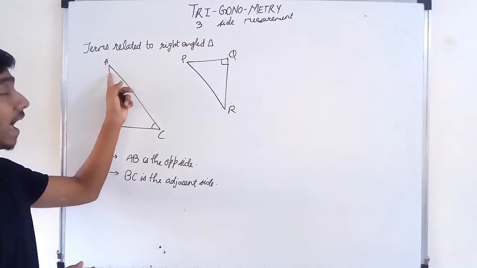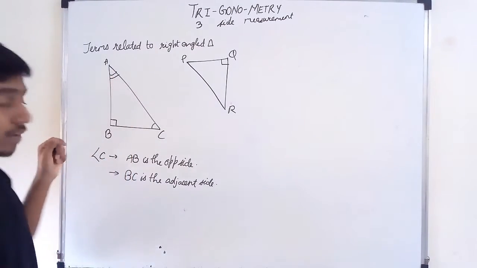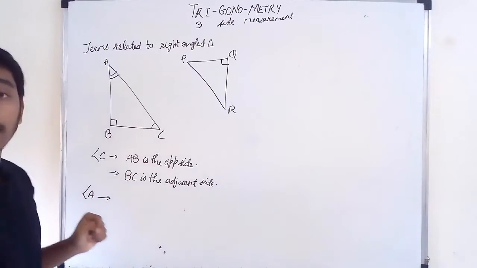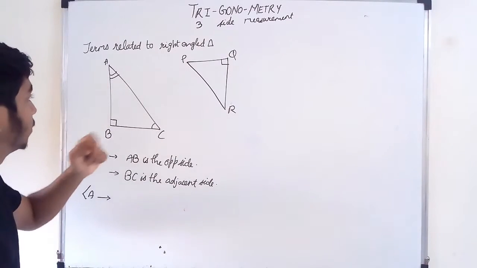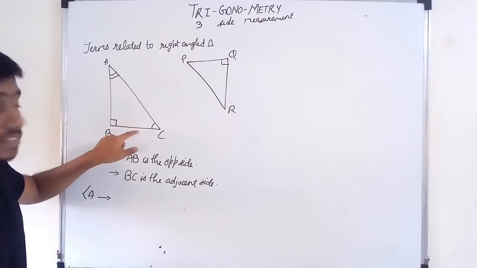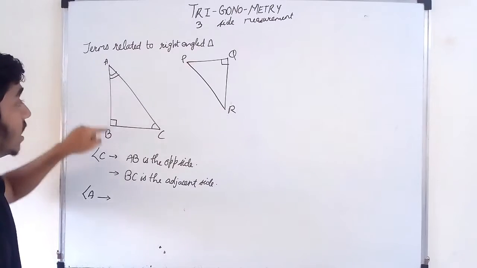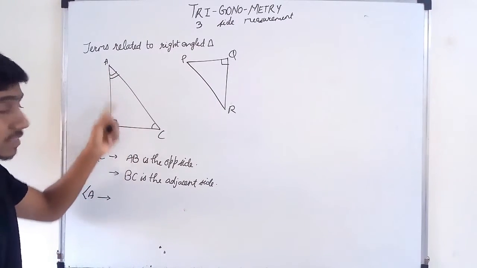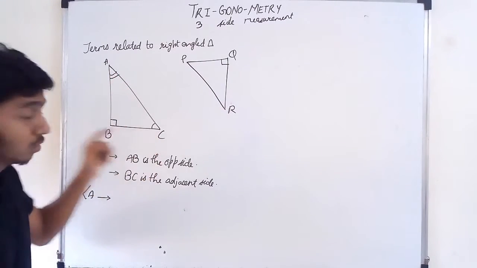Let's see for angle A. For angle A, which one is the opposite side and which one is the adjacent side? So this is angle A. The side opposite to angle A is this. You can see the adjacent sides are this and this, which is AB and AC. Now first of all, opposite side is BC. Yes or no?